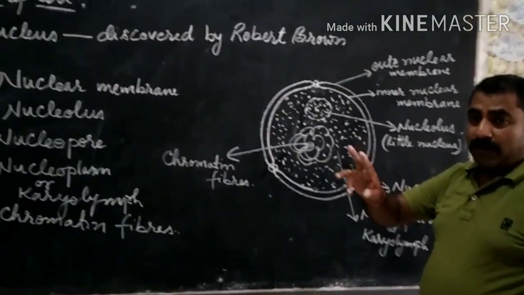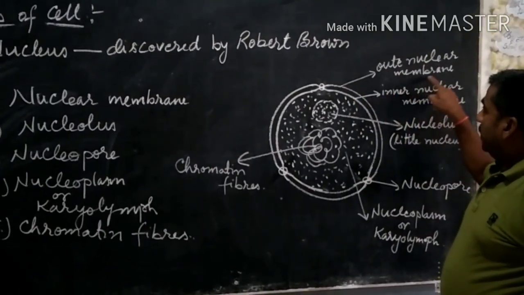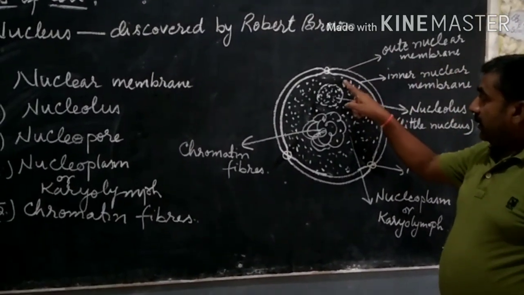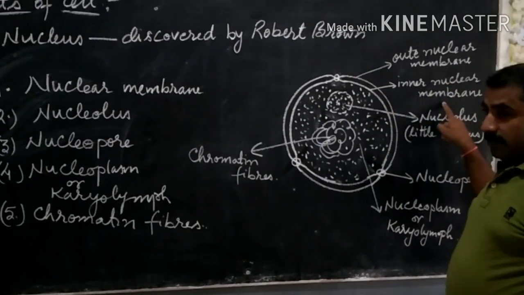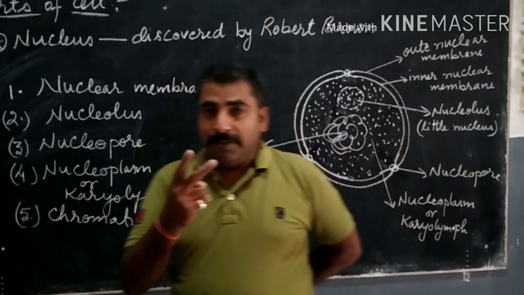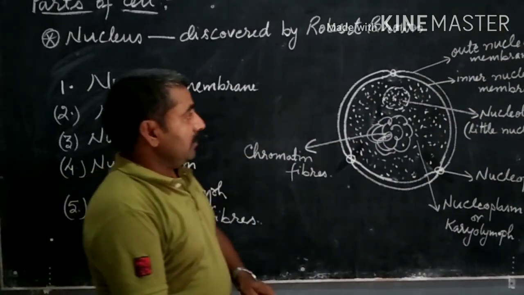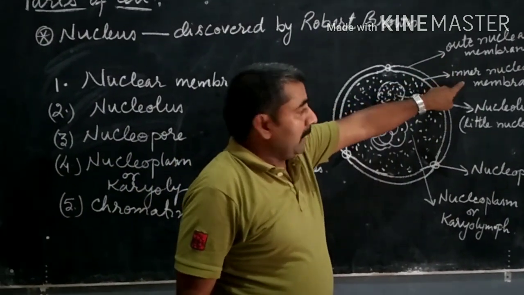The outer one is known as outer nuclear membrane, and the inner one is known as inner nuclear membrane. So nucleus is surrounded by two membrane envelopes, outer nuclear membrane and inner nuclear membrane.